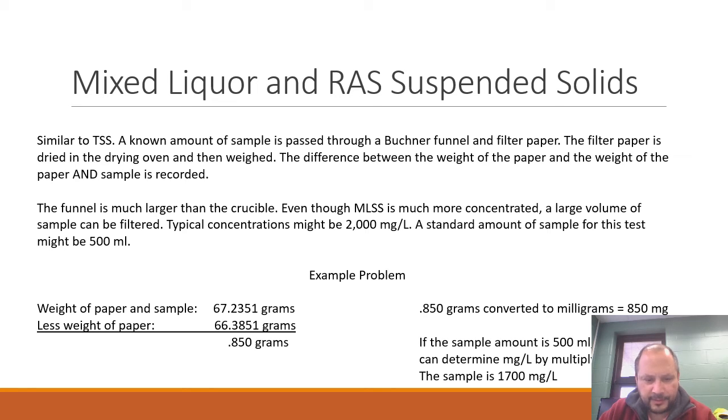But again, the concept is the same. We need to convert the weight in grams to milligrams, and then we need to convert the amount of sample that we put through the filter into liters in order to do our final calculation in milligrams per liter.